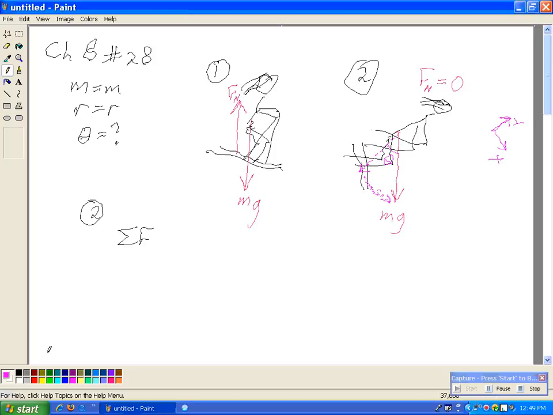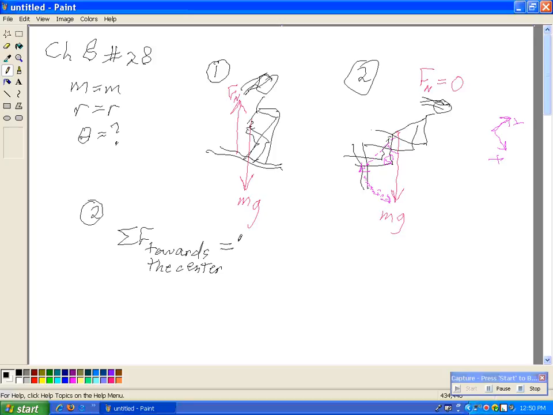Okay. So sum of the forces towards the center, because remember, usually we do it in the x and in the y direction, but here we have an acceleration that's towards the center, and anything that twirls around in a circle has an acceleration towards the center.